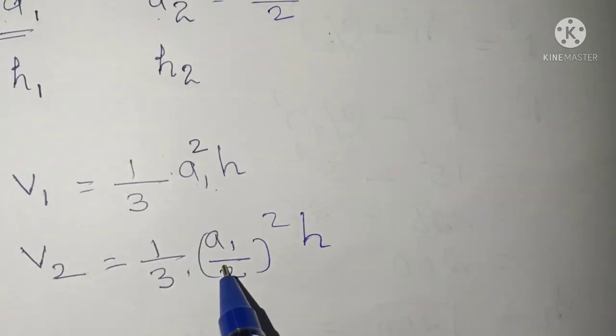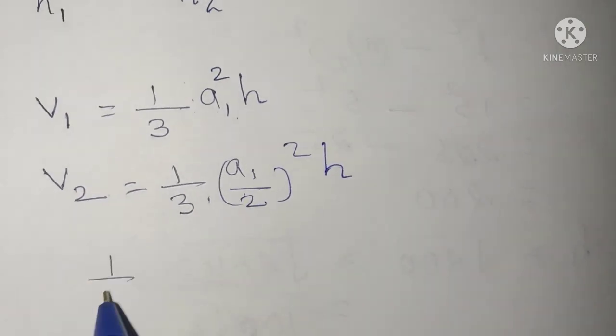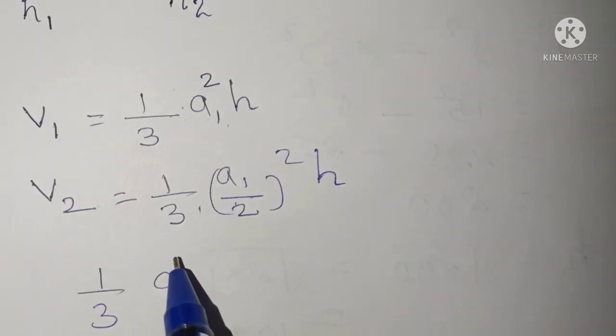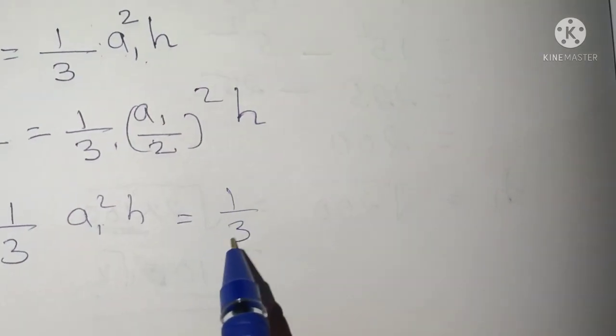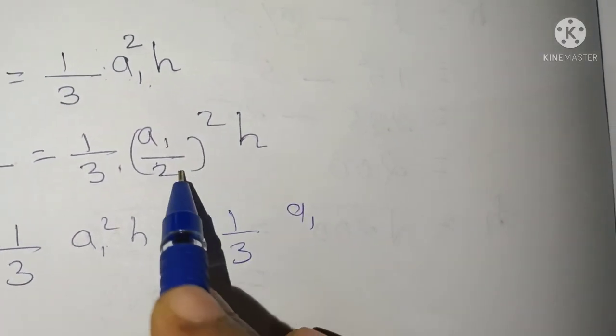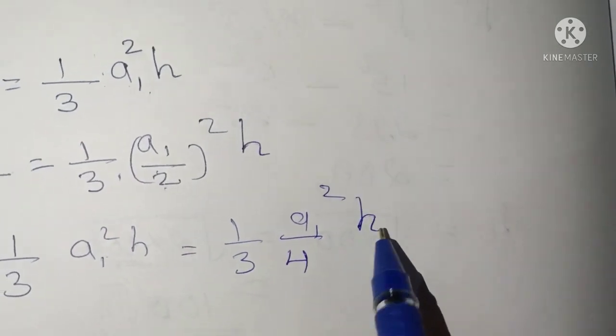We have V1 and V2 equal, so let us equate them. Then 1 by 3 A1 square H1 is equal to 1 by 3 A1 square by 2 square, that is A1 square by 4 H2.